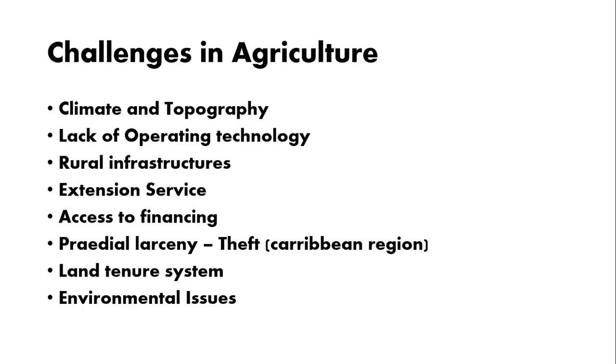In most Western countries, extension systems are dominated by the private sector, but in the South Asian scenario, it's dominated by governments, and they are not much worried about market requirements. They are just worried about production, the quantity they want to produce. This is one of the challenges.